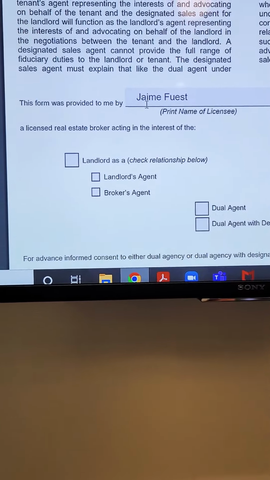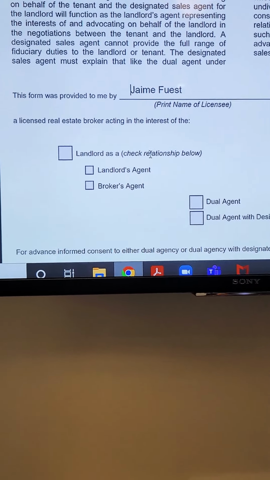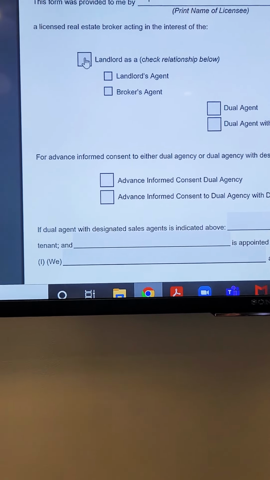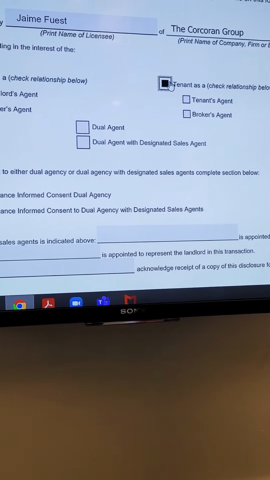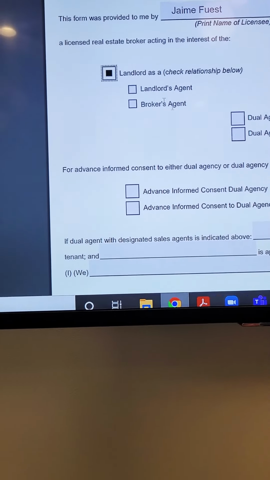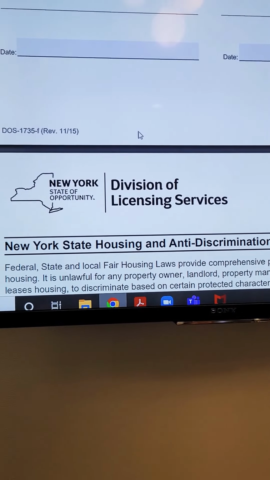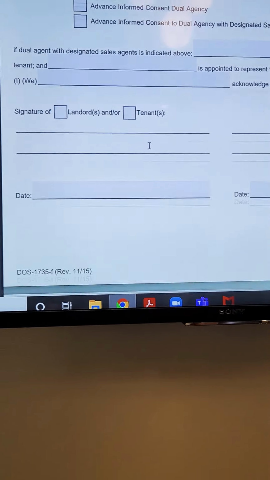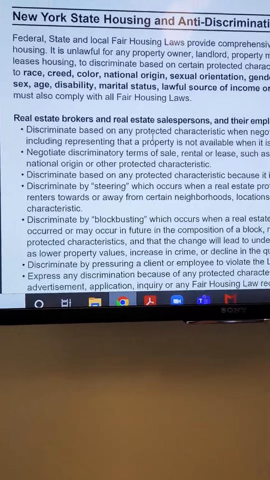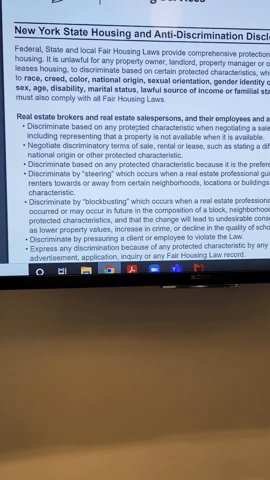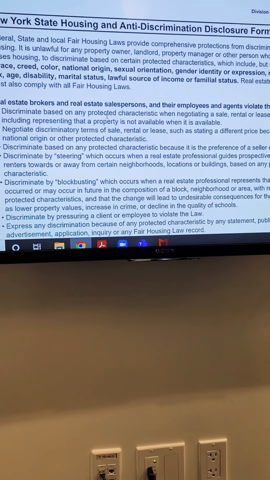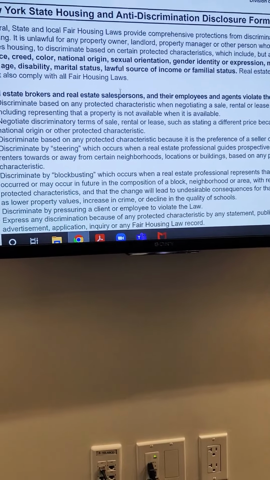So what happens here is, for instance, there's my name, right? And it will be checked whether it is the landlord or the tenant's agent as the role for the agent you're dealing with. And then you sign off. There's nothing scary here. It simply says that you understand what the role of the agent you're working with is. The second disclosure you see is the Anti-Discrimination disclosure form.